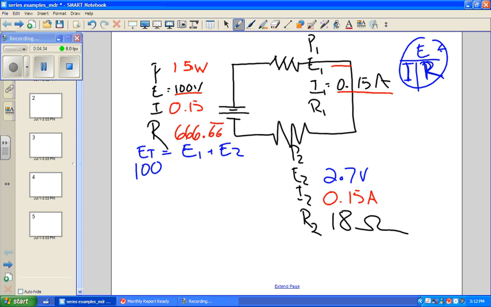E2, we have 2.7 volts. So I'm thinking if we subtract 2.7 volts, is that right? Only 2.7 volts? Yes. Wow. 100, we'll subtract 2.7 from both sides, and we'll get 100 minus 2.7 is E1, so that is 97.3.